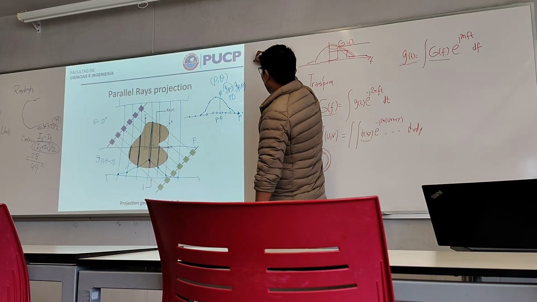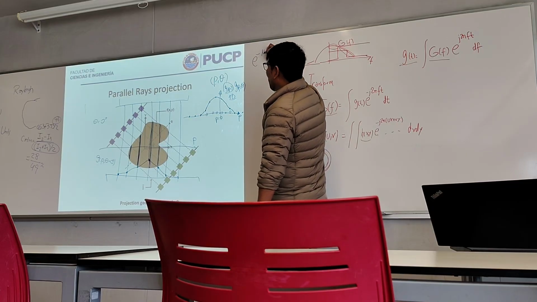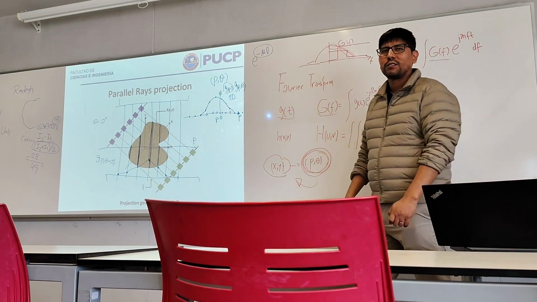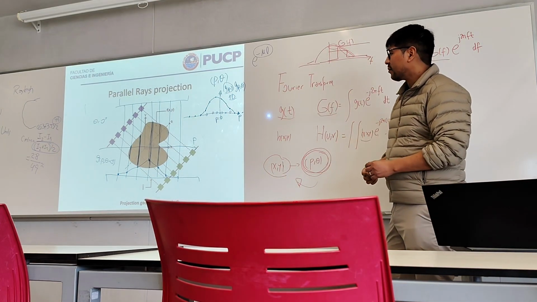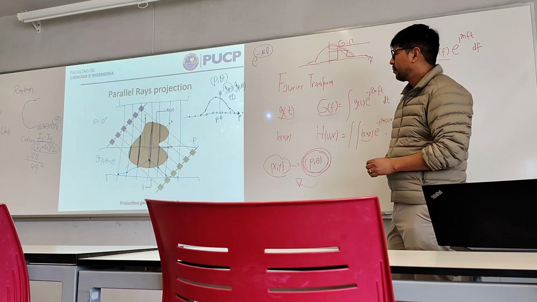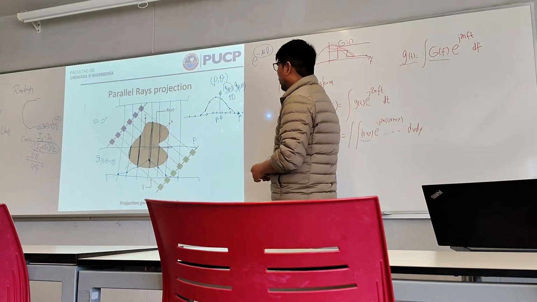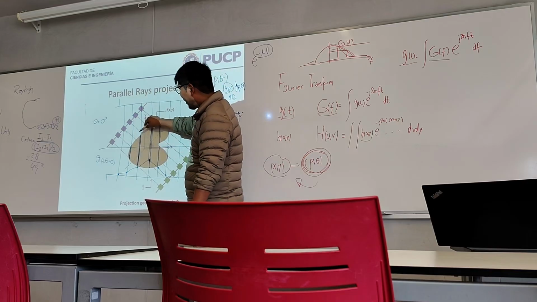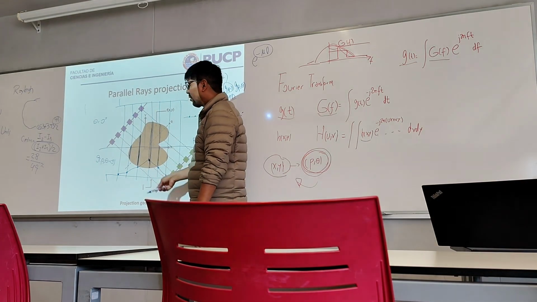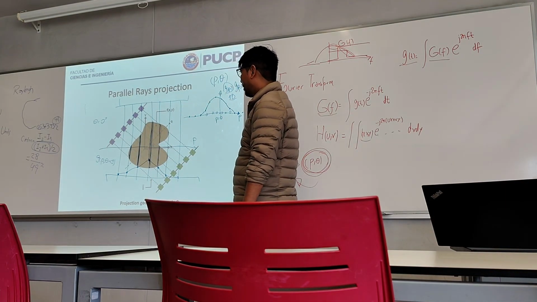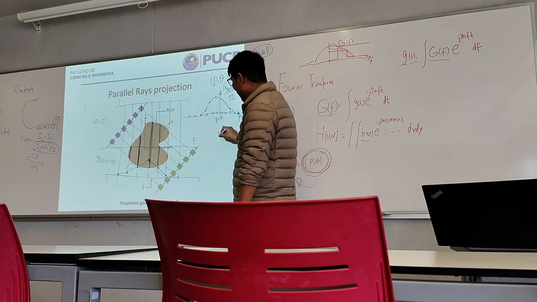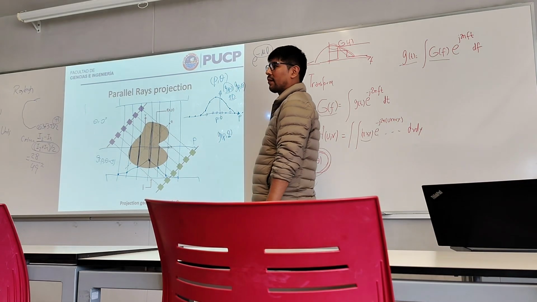Because the attenuation, remember, was e to the minus mu L. Basically, the attenuation here was proportional to the length. So with different angles, we have different crossing lengths. That will make these functions not the same. It will depend on P and the angle.